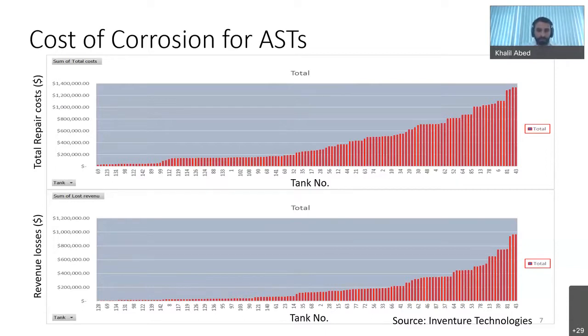So, for example, tank number 43, towards the end of the graph, cost the owner $1.3 million in repair costs, and almost $1 million because the tank was out of service for maintenance for a long period of time, for the duration of the inspection.